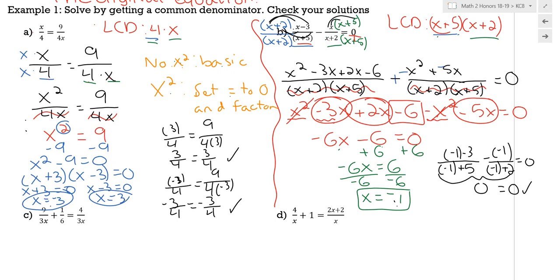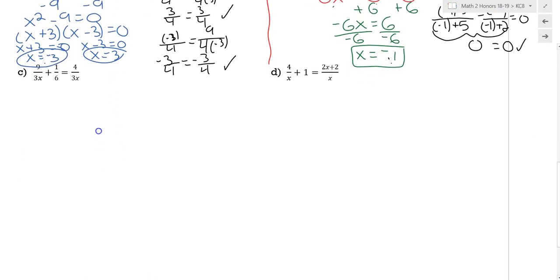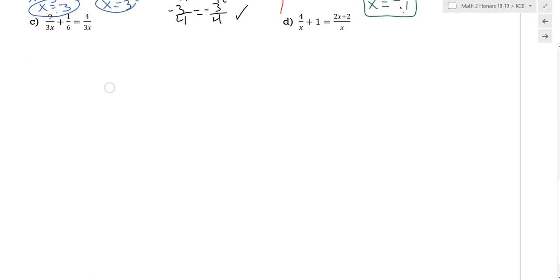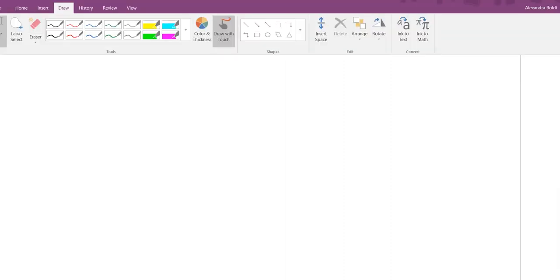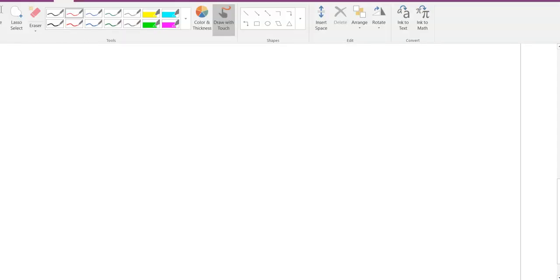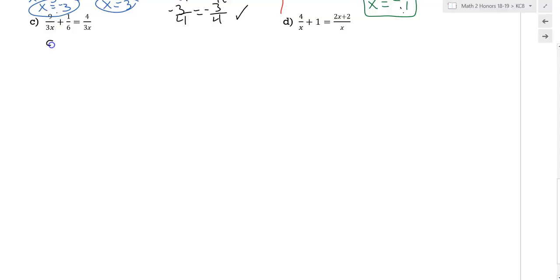Alright, let's look at letter C. We have 9 over 3x plus 1 over 6 equals 4 over 3x. So we start by, I'm going to rewrite it a little bit. We have 9 over 3 times x, plus 1 over 3 times 2, equals 4 over 3 times x.